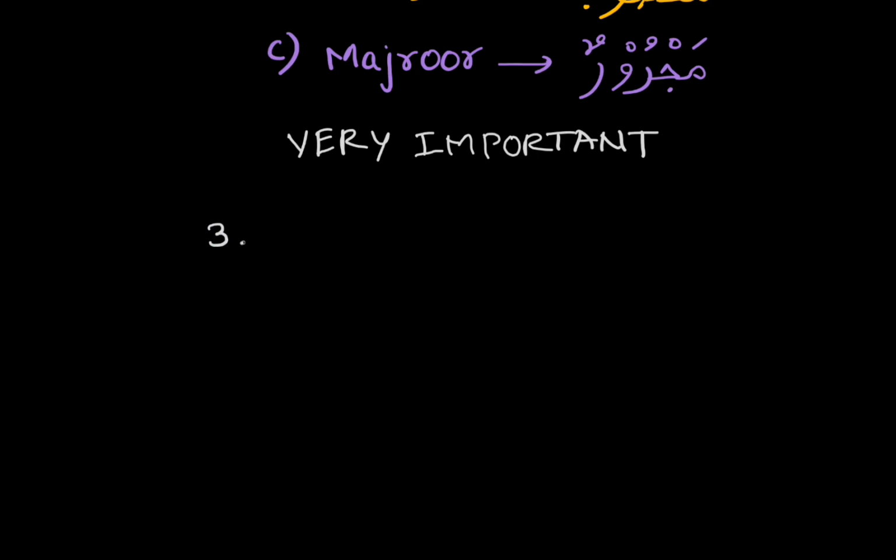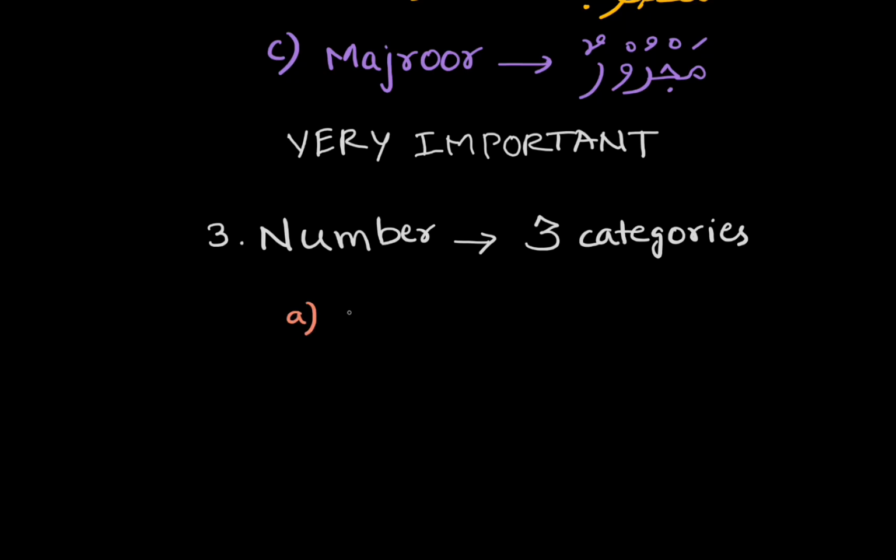Now coming to the third characteristic of a noun. The third characteristic of a noun is number. Numbers are divided into three categories. So what are the three categories? The first one is singular.